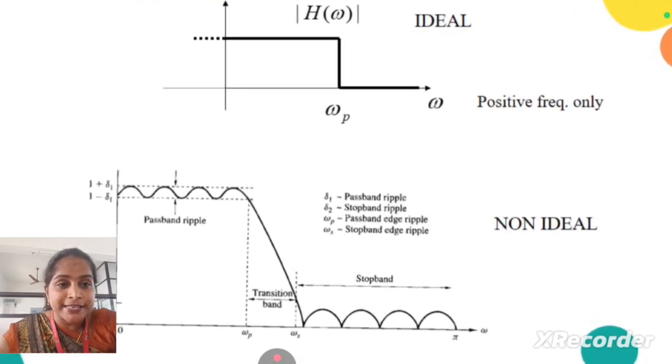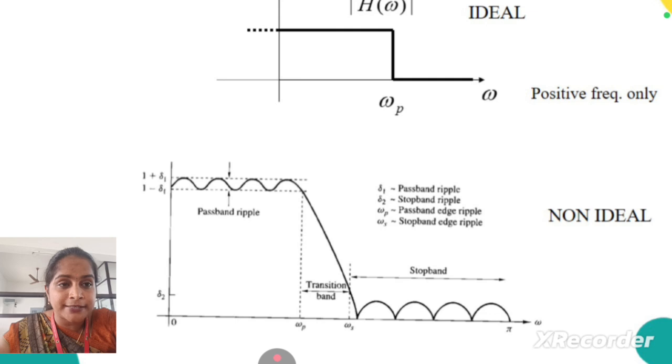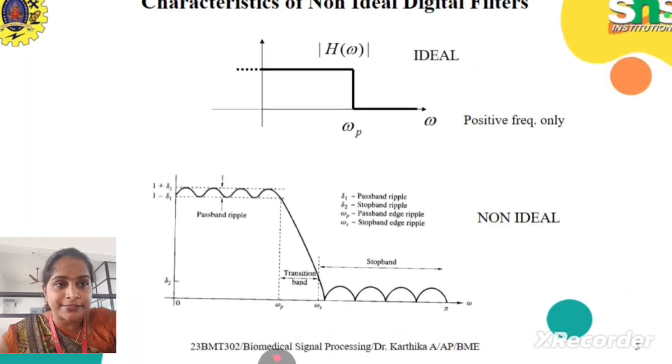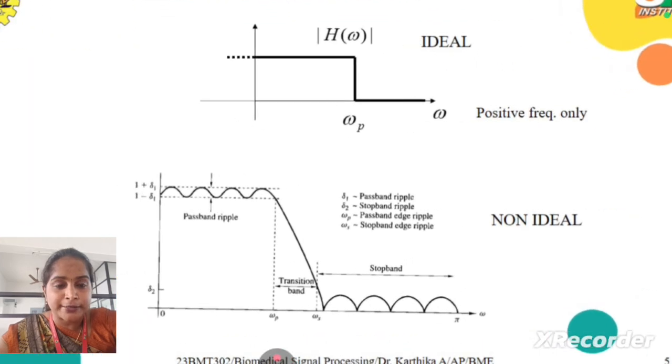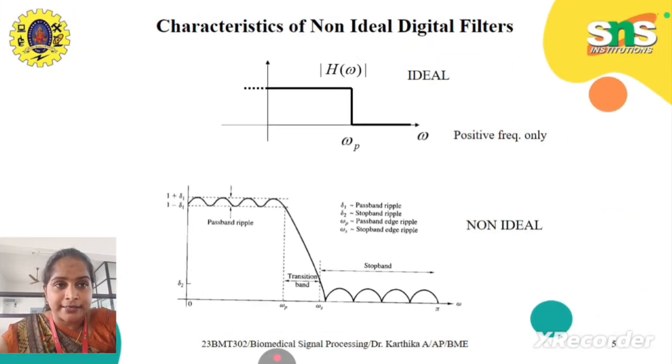See the frequency transition: pass band, stop band, and in the middle we have the transition band. In terms of del and omega, we represent the pass band and stop band ripple. See, first one is the ideal filter. Here the output is perfect and it doesn't have any distortion. But in non-ideal, in practical conditions, we have ripples in the pass band and stop band.